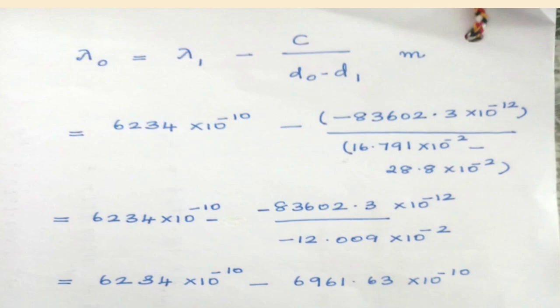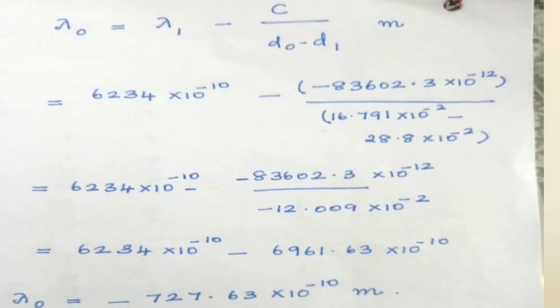So d naught is 16.791 into 10 power minus 2 minus 28.8 into 10 power minus 2. So you can pull out the 10 power minus 2 in common. So you will get 6234 into 10 power minus 10 minus of minus 83602.3 into 10 power minus 12, the whole divided by minus 12.009 into 10 power minus 2.